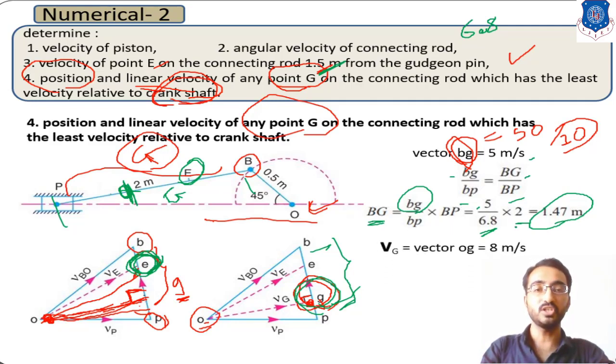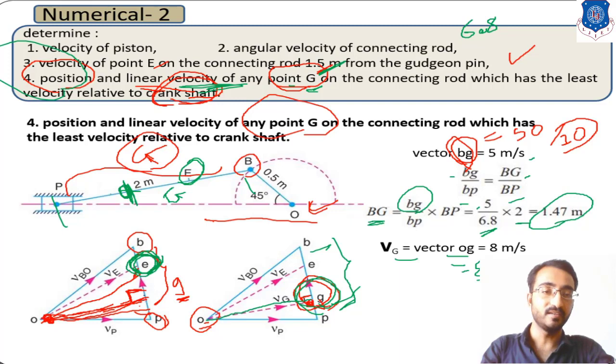Okay, so that is the position of your point G, which is having minimum velocity, and the linear velocity of G is simply obtained by the vector OG, that is the line joining O to G. You will calculate, then this length will be 80 mm, and the scale is 10 mm. Okay, so 80 by 10 is representing 8 meter per second.